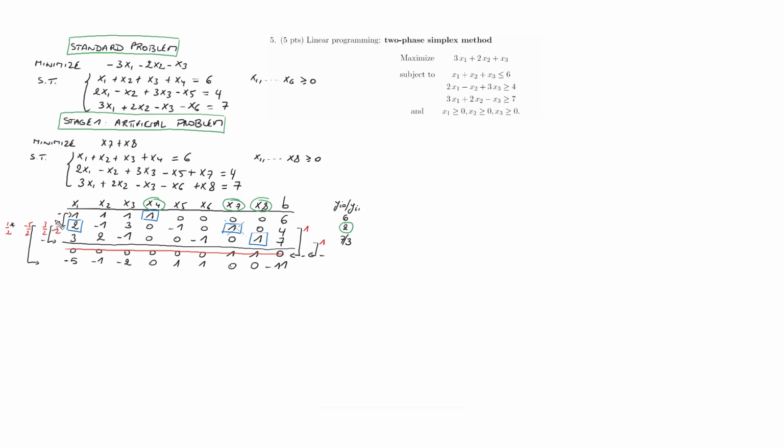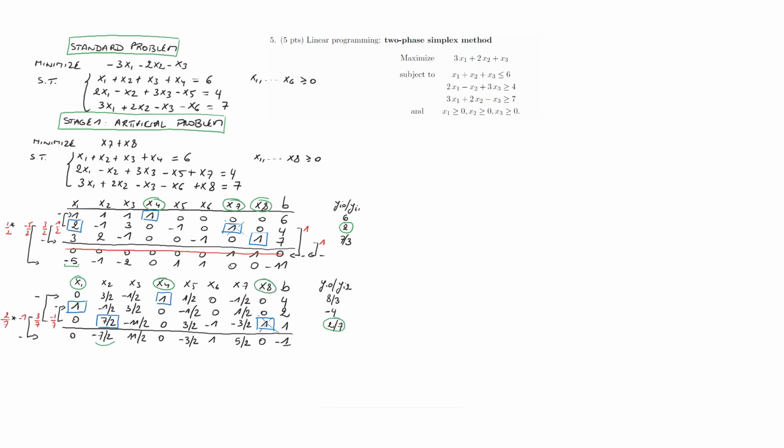Remember that to obtain the multiplier over here, if you work with this convention with a minus sign over here, you have to take the element to eliminate divided by the pivot. So here 1 over 2, here 3 over 2, and here minus 5 over 2. So once we have performed the row operations that are over here, you end up with the following tableau.